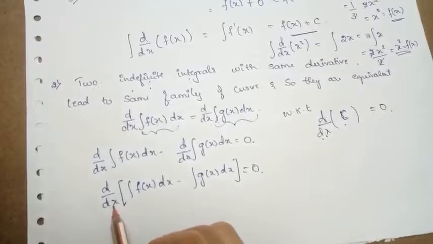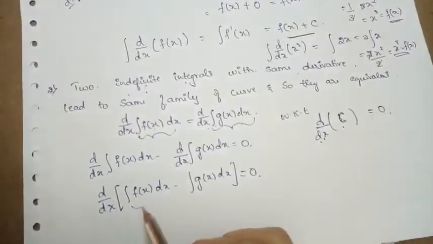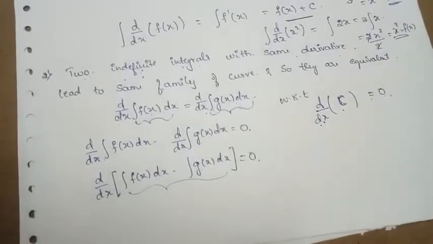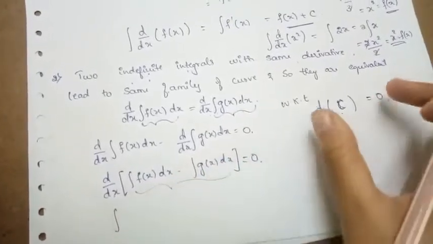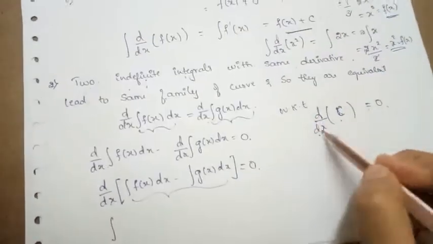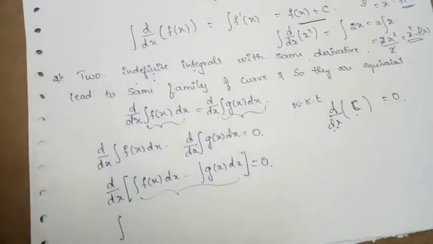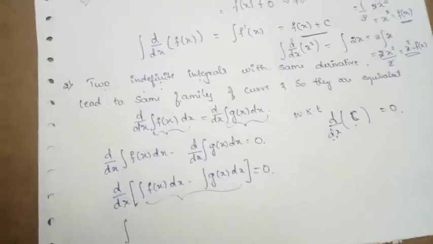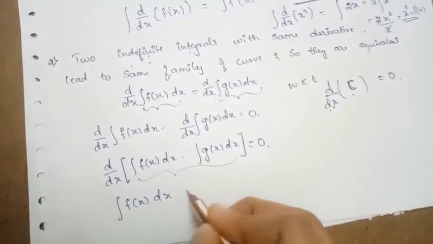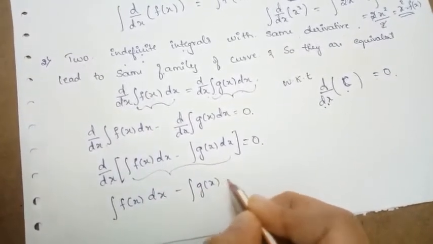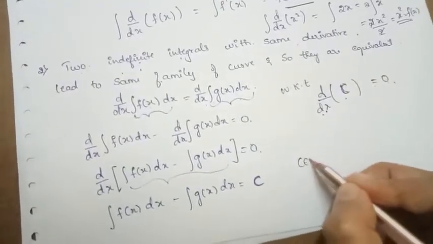So here we get differentiation of something is equal to 0, which implies that whatever is within this bracket is equal to a constant. Here differentiation of something is equal to 0 means that something must be equal to a constant itself. So I am taking that constant, integration of f of x dx minus integration of g of x dx, equal to c, where c belongs to the real numbers.